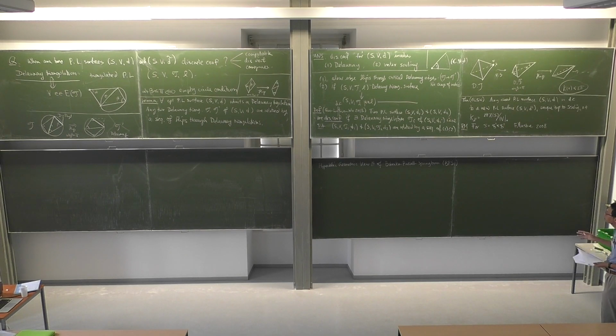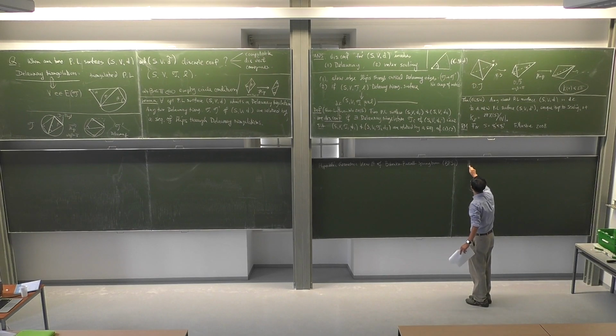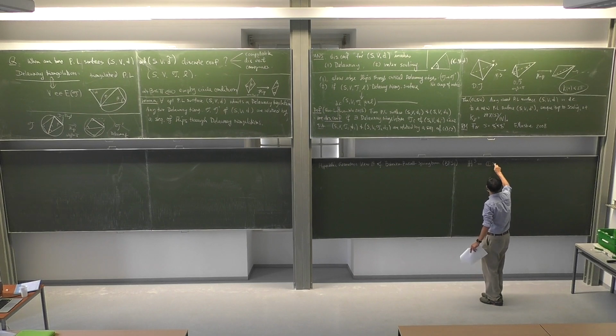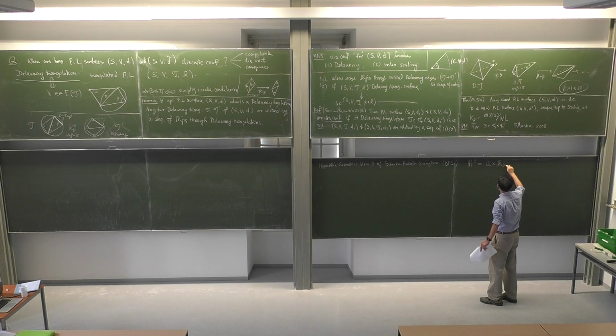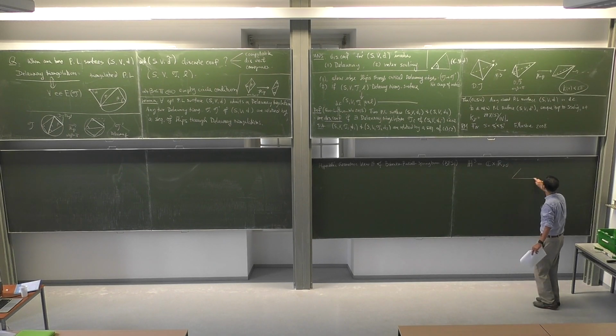And the length cross ratio, as you will see, should really be interpreted as the so-called shear coordinate in hyperbolic geometry. So we're going to talk about hyperbolic three-dimensional space with the complex plane as its boundary. I'm going to take the upper half space model of hyperbolic three-dimensional space.